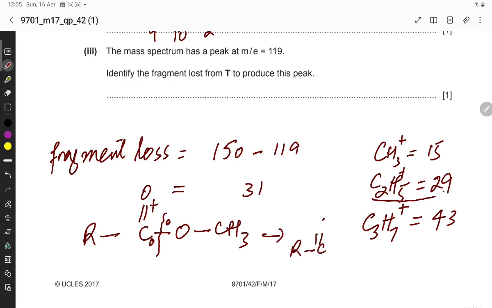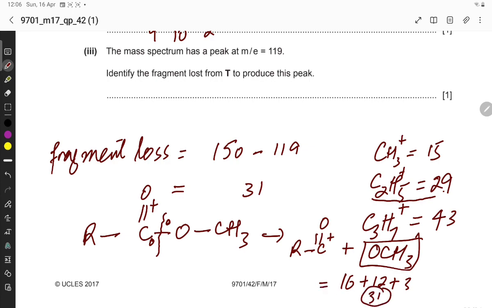RCO is the ion and OCH3 is the lost fragment. So in OCH3, oxygen is 16, carbon is 12 and hydrogen is 3. 12 plus 16 plus 3 is equal to 31. So to identify the fragment lost from T to produce this peak: 31, OCH3 fragment is lost from this peak.